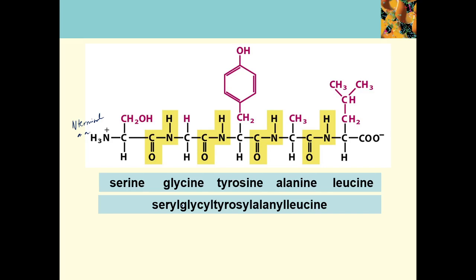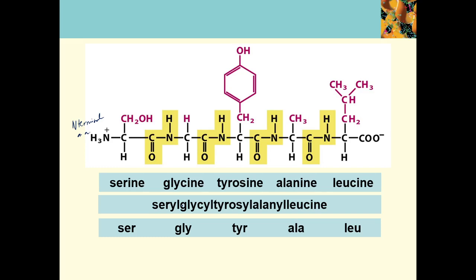This time we will use the three-letter abbreviation of your amino acid. For serine, that will be Ser. Then you have your glycine, Gly. Tyrosine is Tyr. Alanine is Ala. And leucine is Leu. So what is the convention in naming your pentapeptide using the three-letter abbreviation?